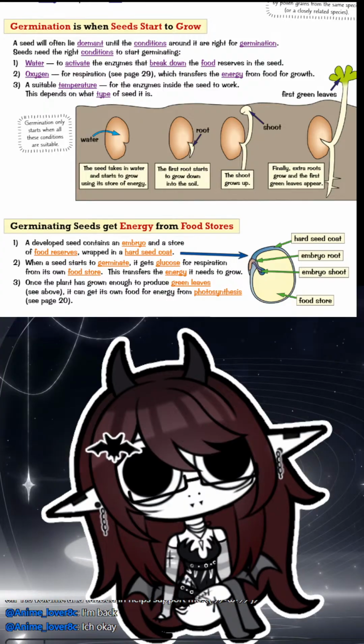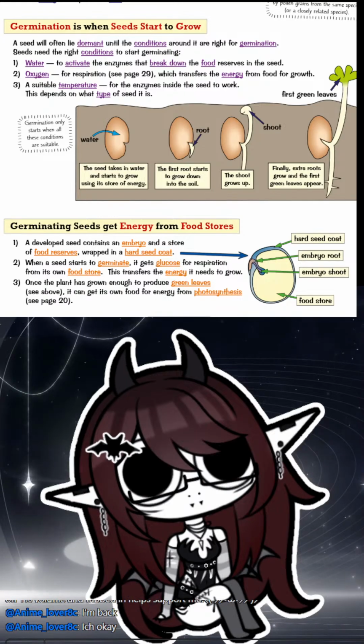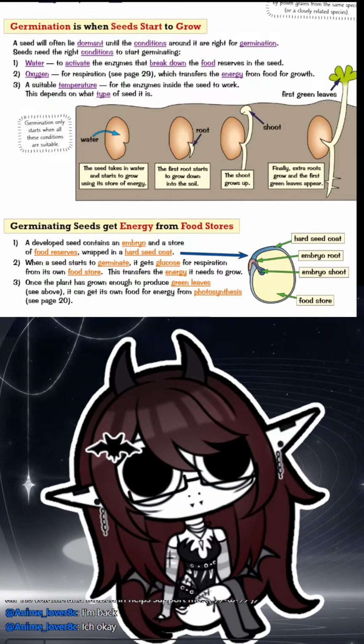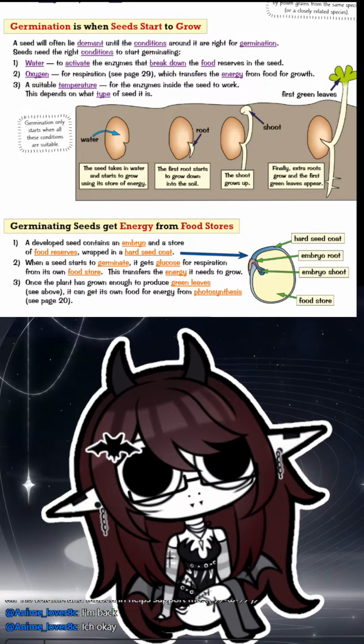Now, germination is when seeds start to grow. A seed will often lie dormant until the conditions around it are right for germination. The conditions are water to activate the enzymes that break down the food reserves in the seed. And secondly, respiration.